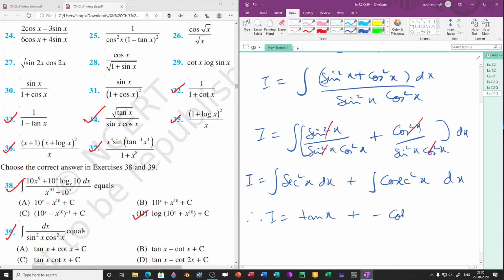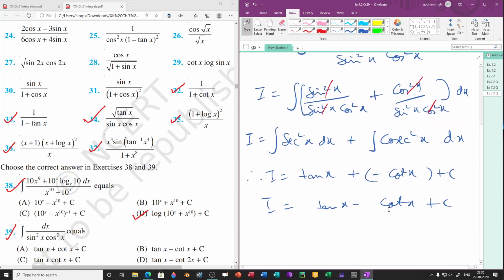So the final answer will be I equal to tan x minus cot x plus c, and that is of course option B. So therefore option B is correct. So with this, question number 39 is complete, and also the exercise is completed.